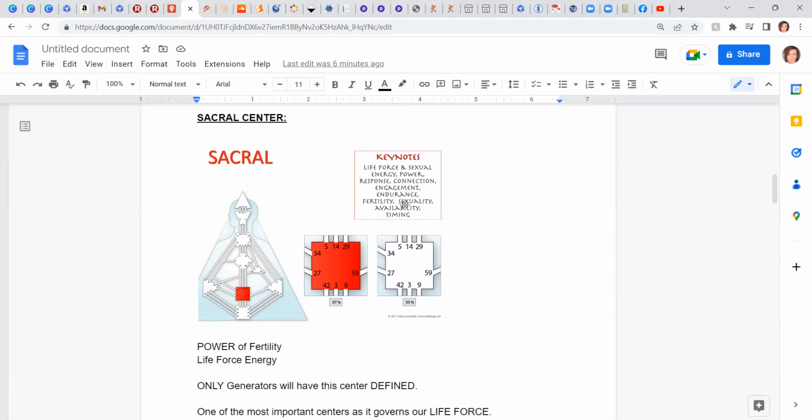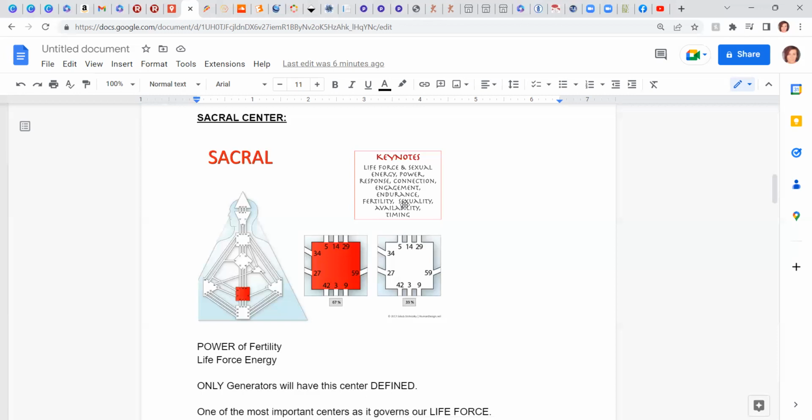This is somewhat controversial, but when I first started studying Human Design, one of the things Ra talks about is that the projectors, reflectors, and manifestors are not here to have children, because they don't have consistent power to nurture, to care for, and to bring forth this life force energy.